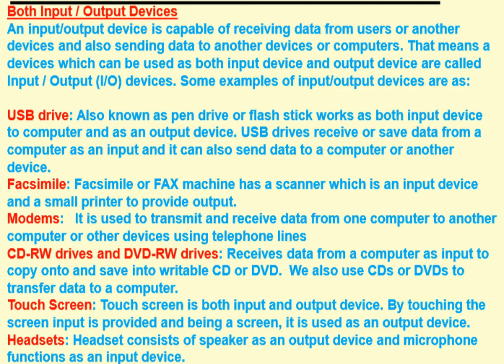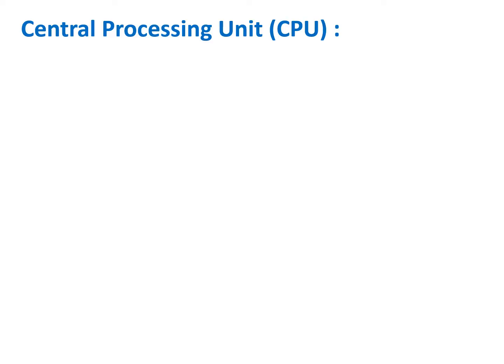Another one is a modem, which we use in our homes to get internet connectivity. Another one is CD or DVDs, touchscreen monitors, then your headsets. A headset consists of a speaker as an output device and the microphone from which we are speaking acts as an input device.